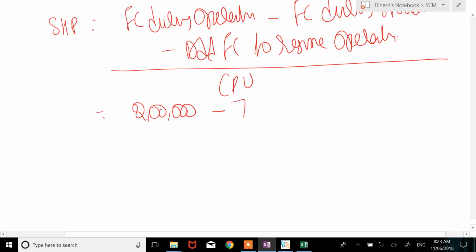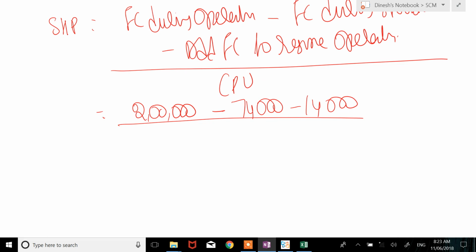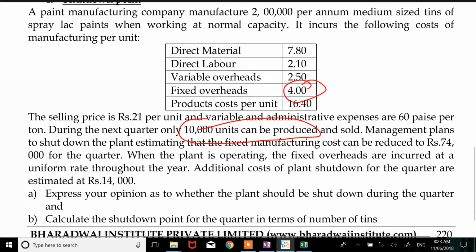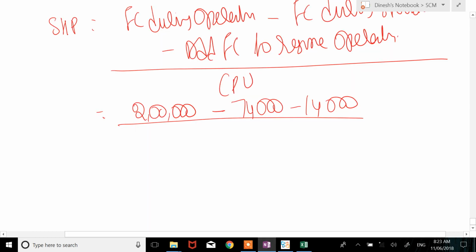Minus 74,000, minus 14,000. 2 lakh minus 74,000 minus 14,000, divided by 21 minus 12.4 minus 60 paise. 14,000 units is what you will get.